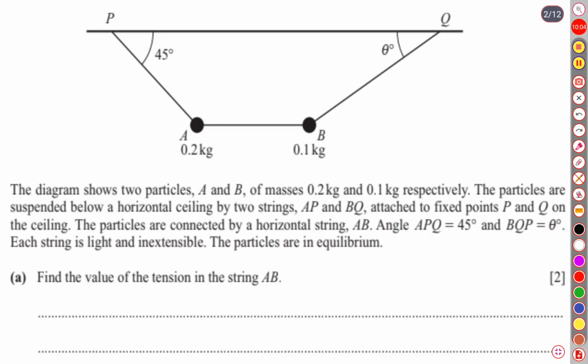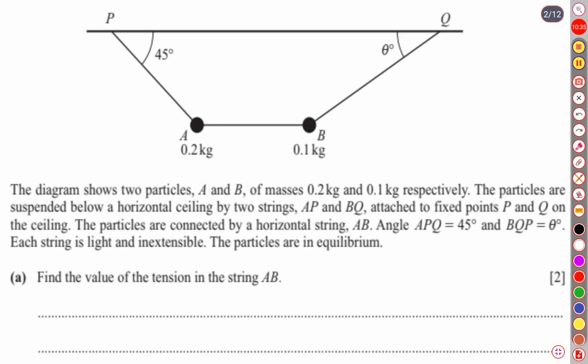The particles are suspended below a horizontal ceiling by two strings AP and BQ attached to fixed points P and Q on the ceiling. The particles are connected by a horizontal string AB. Angle APQ is equal to 45 degree and BQP is equal to theta degree. Each string is light and inextensible. The particles are in equilibrium. Find the value of the tension in the string AB.